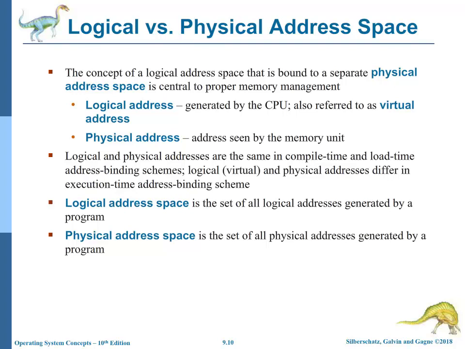In this case, the logical address is also known as a virtual address, and the two terms are used interchangeably by our text. The set of all logical addresses used by a program composes the logical address space, and the set of all corresponding physical addresses composes the physical address space.